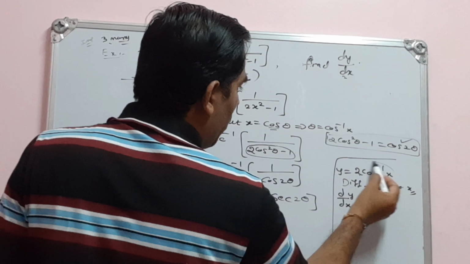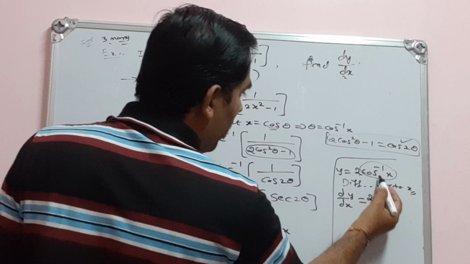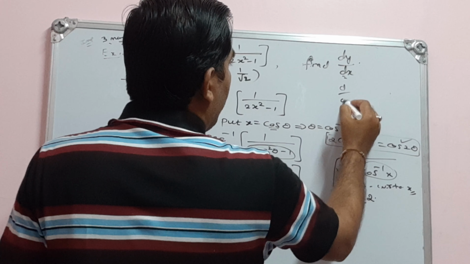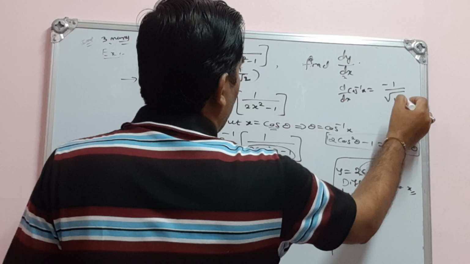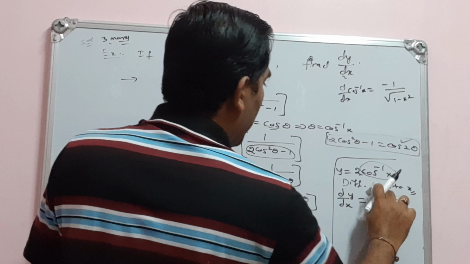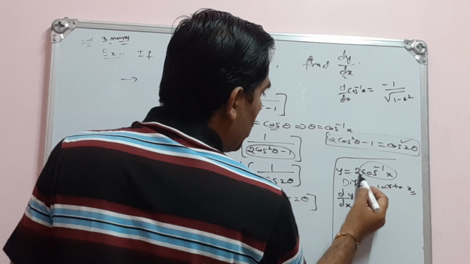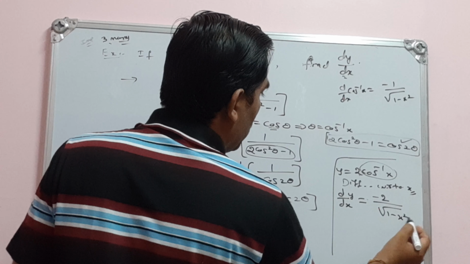What is the derivative of cos inverse x? We have to recall the derivatives of inverse trigonometric functions. The derivative of cos inverse x is minus 1 by square root of 1 minus x square. So minus 1 into 2 gives us minus 2 divided by square root of 1 minus x square.